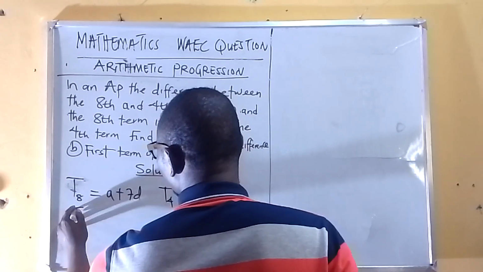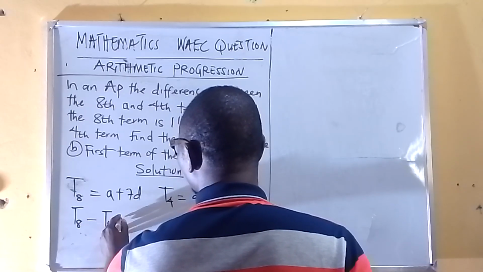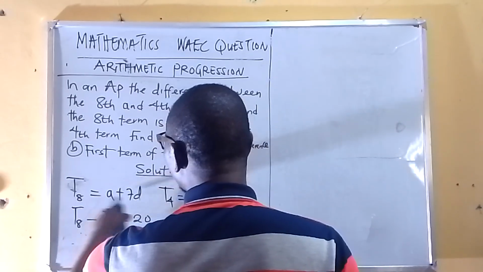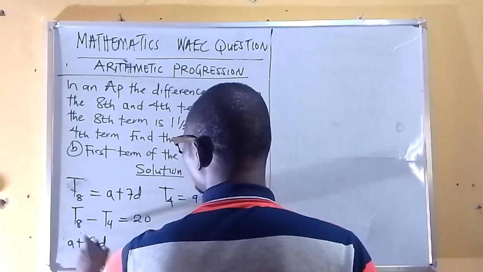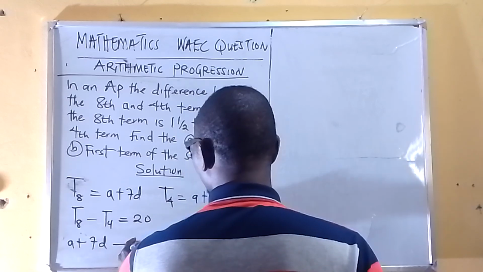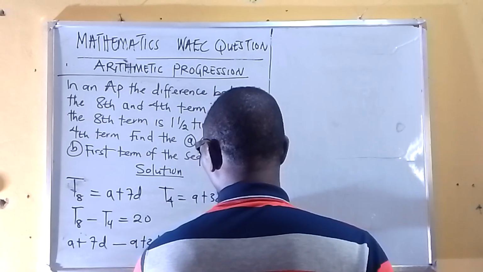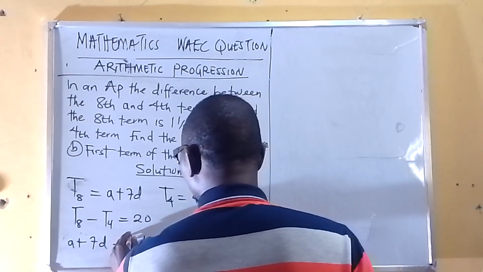So we now have the 8th term minus the 4th term is equal to 20. Therefore, if the 8th term is a plus 7d, then we now have minus a plus 3d, all equals 20. Here, I can put this in brackets.